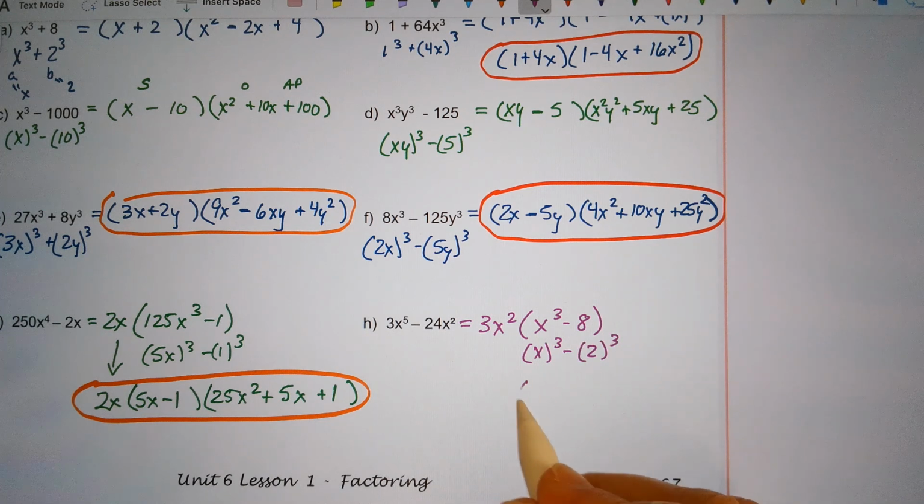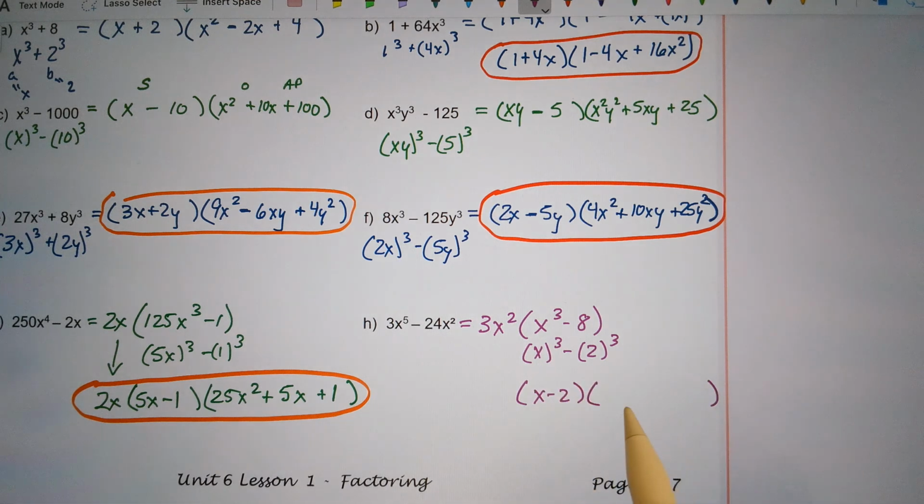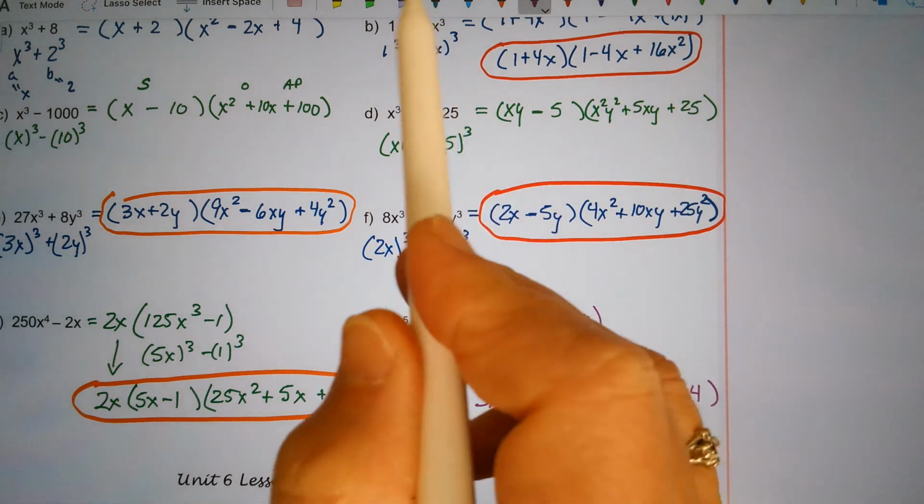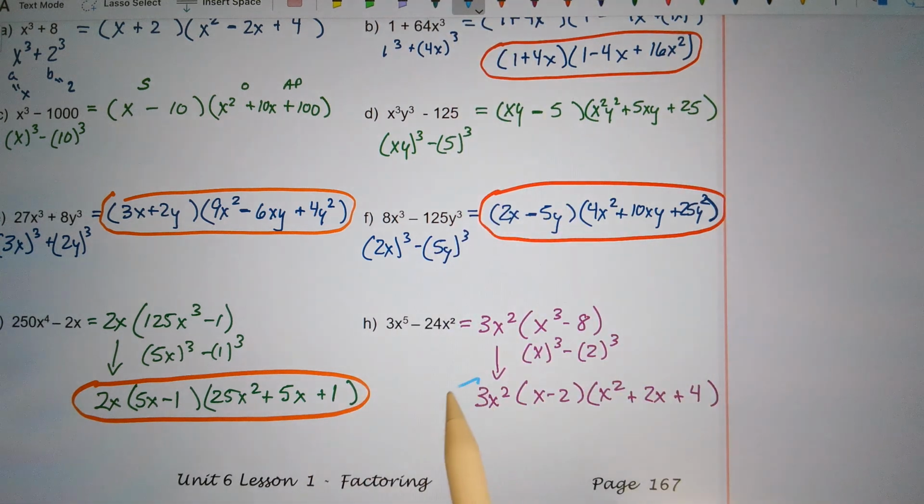So this factors into the binomial x minus 2 and the trinomial: x times x is x squared to start. At the end, 2 times 2 is 4. Signs go same, opposite, always plus. And the middle term of the trinomial is the product, x times 2. Bring down the GCF of 3x squared. And there's the complete factorization.